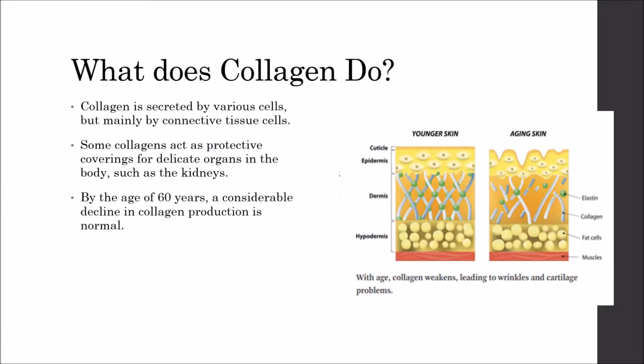Next, what does collagen do? Collagen is secreted by various cells, but mainly by connective tissue cells. Some collagen acts as a protective covering for delicate organs in the body such as the kidneys. It is found in the extracellular matrix, an intricate network of macromolecules that determines the physical properties of body tissue.